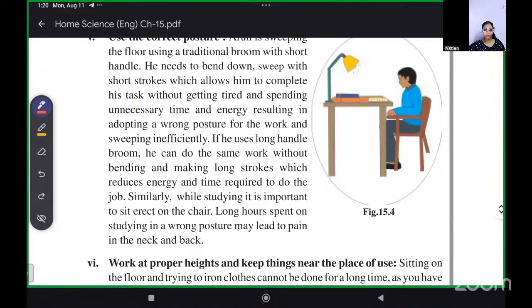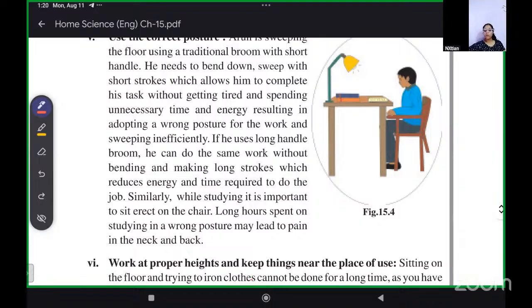That tires you out more because you have to bend. Some people will not even be able to do it, bending that much. So instead, you can use a long one, which will not require that much bending, and you can do long strokes and clean it while saving your energy.